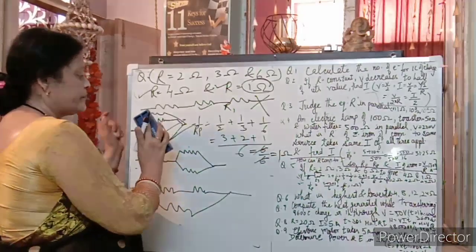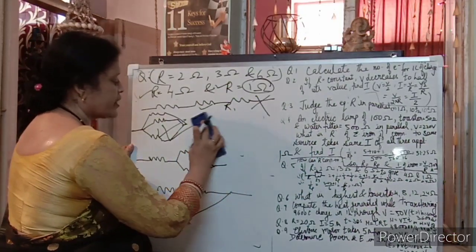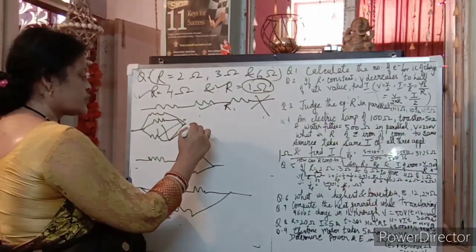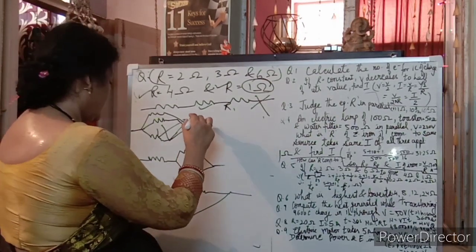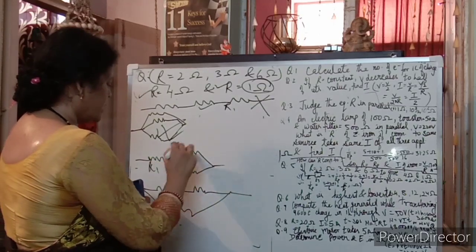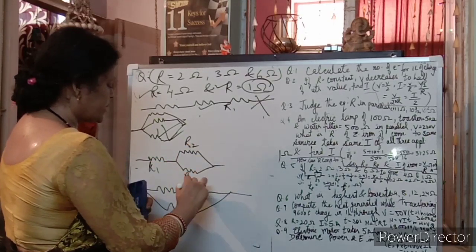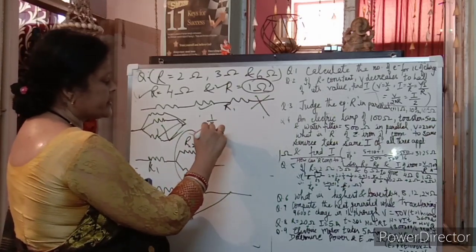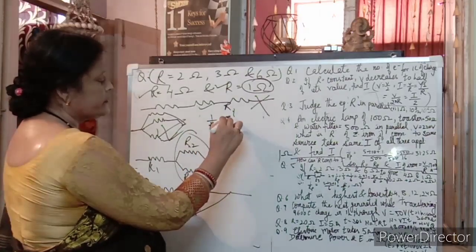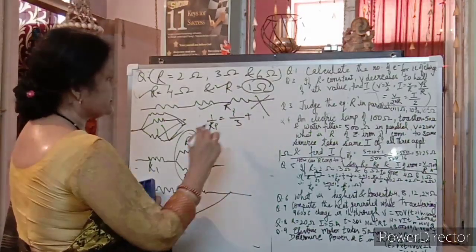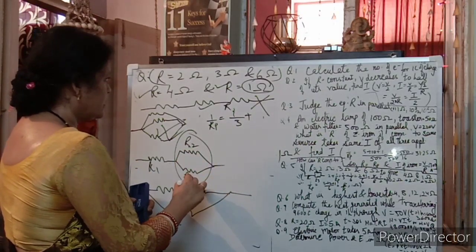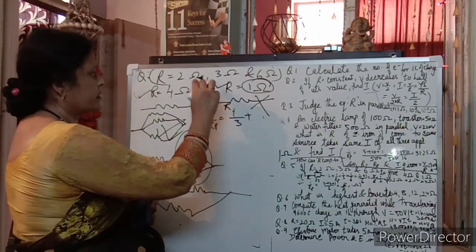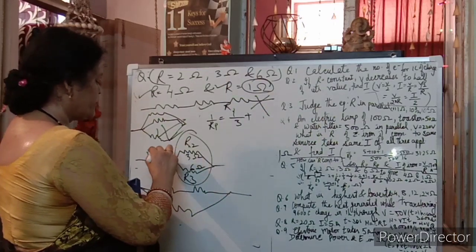Now hit and trial. Next, these two are not possible. Let's try with the third one. So if I say R1, R2 and R3, first obviously I'll simplify this one. So 1 upon RP is equal to 1 upon 3, that is 3 ohm, and 6 ohm is given, and this is 2 ohm. Clear?